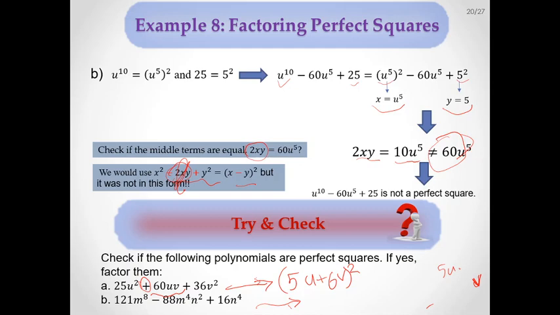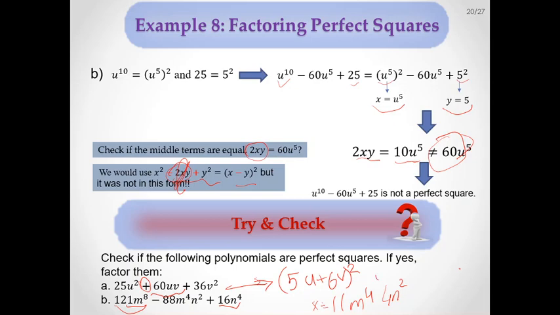So when we look at the other one, we have 11m to the 4th. This is the square of 11m to the 4th, and this is the square of 4n squared. Is the middle term, if they are x and y, so this is x and this is y.